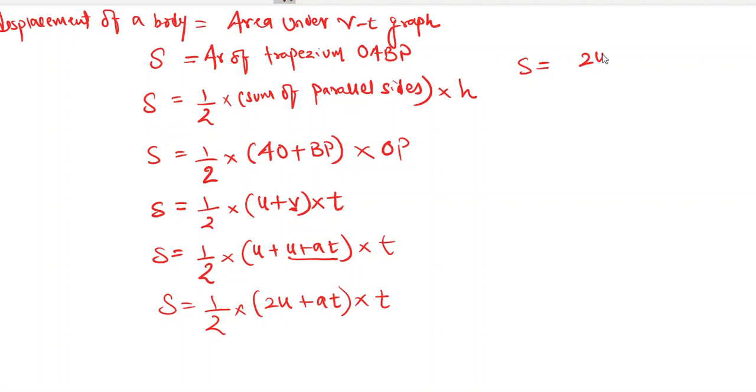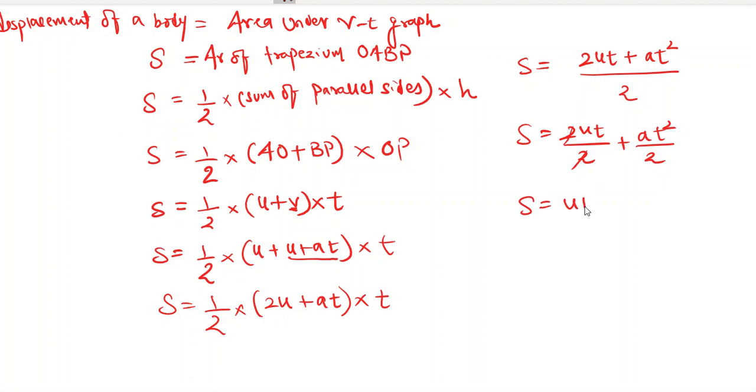So it will become 2UT plus AT square, the whole upon 2. So 2UT upon 2 plus AT square upon 2. So S is UT plus half AT square.